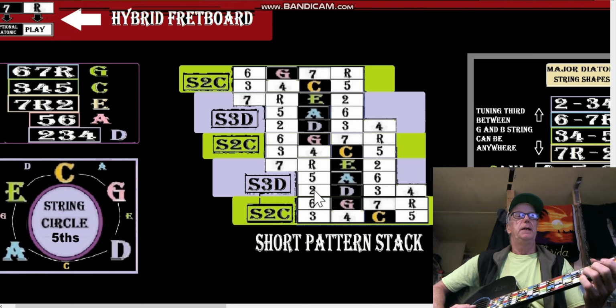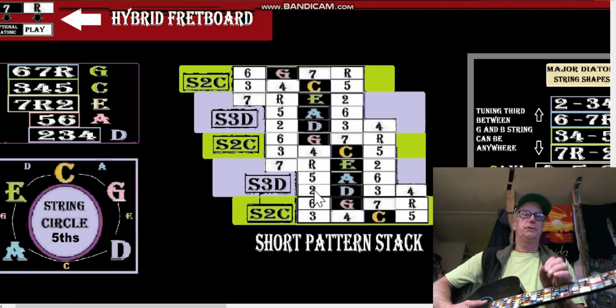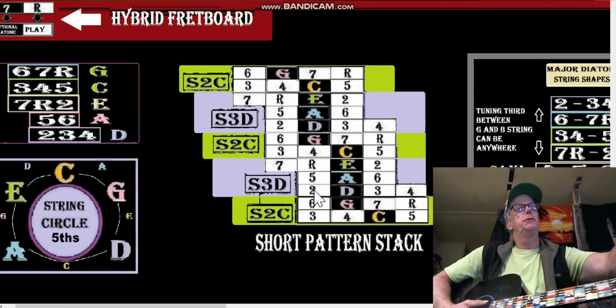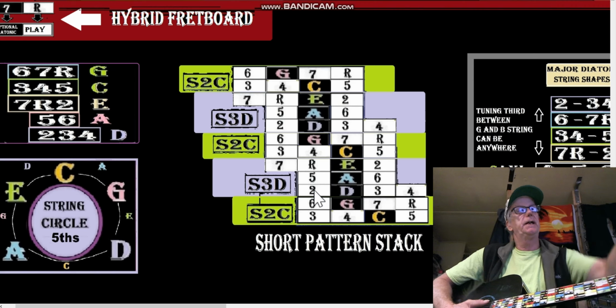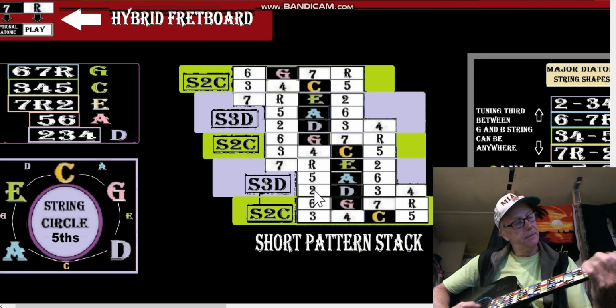Okay? Now, there's an interesting thing we can talk about more advanced for a second, is the Dorian scale. We usually substitute the relative major of the minor chord, the scale that we're doing. So if we want to do a Dorian scale, a pentatonic scale, it'll go like this.